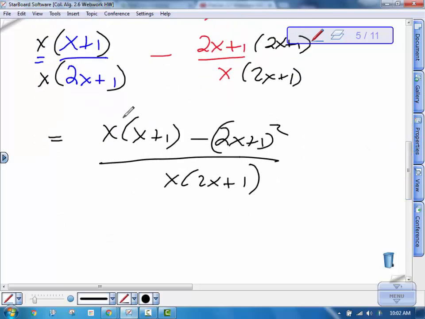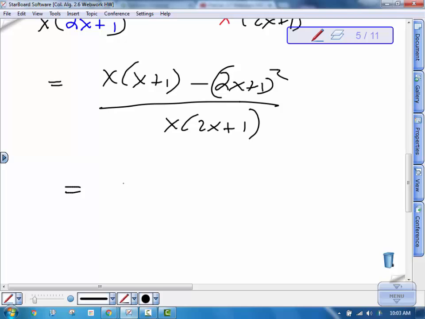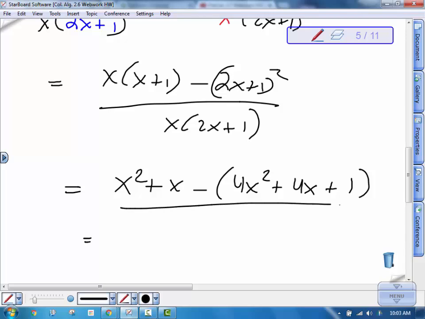I could then even FOIL this out and make it x squared plus x minus, and then I need to FOIL this, so it'd be 4x squared plus 4x plus 1 in the numerator. And I can simplify that a little bit more.